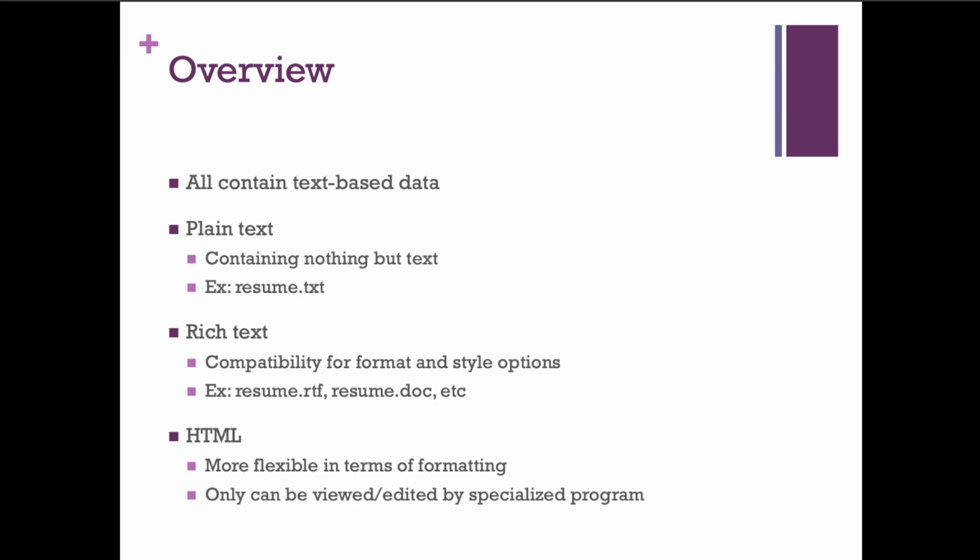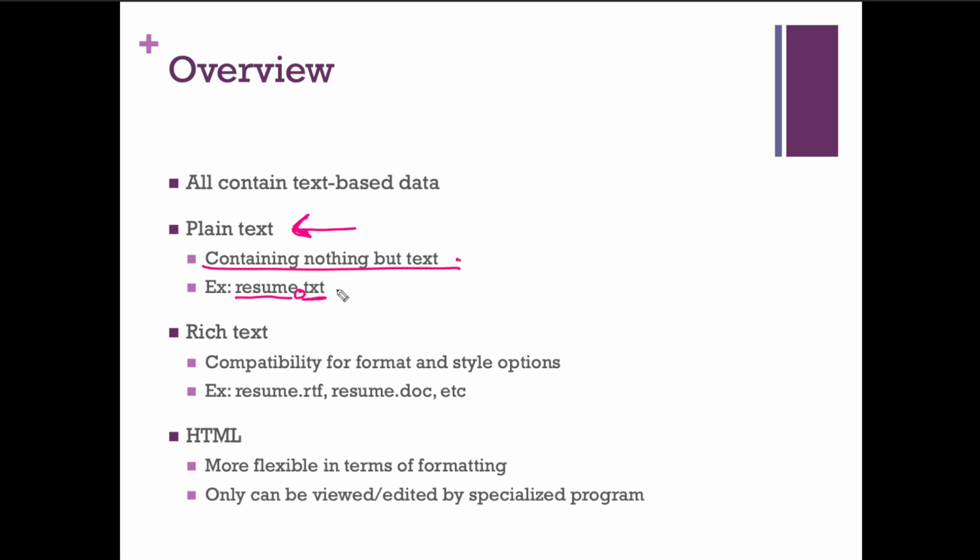So there are 3 different types of text message. Like I said, we are starting from the text message because HTML is a text. I just show you one example. So there is a plain text, which is a pure text, containing nothing but text. And usually on the internet, it is something with a file name .txt.